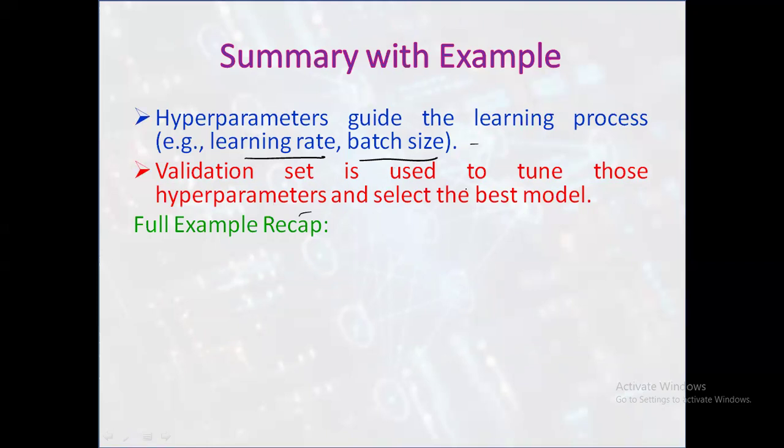Next, validation set is used to tune those hyperparameters and select the best model. It provides feedback during training to decide which hyperparameter settings yield the best results. It acts like a rehearsal before the final model is tested.